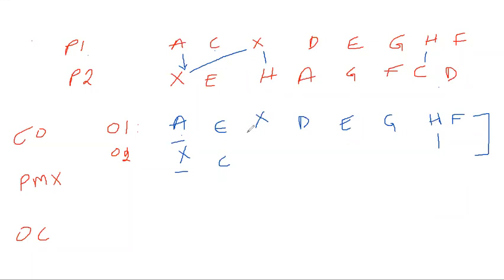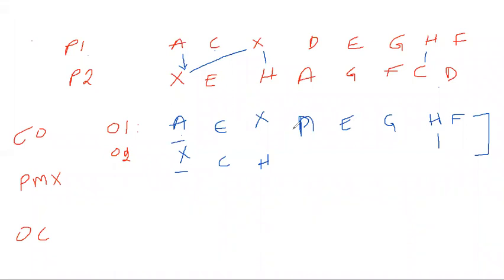Okay, so likewise, now it is H, and the corresponding one for H is C. I'll see where the H is. So if I see H, it is here, so I will have H here. Okay, so the cycle is broken, so I can now exchange.